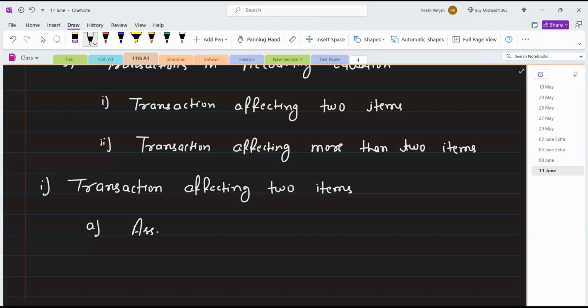Asset increase and liabilities increase. Now, can you tell me what transactions you think will affect our assets by increasing them, and also increase our liabilities?